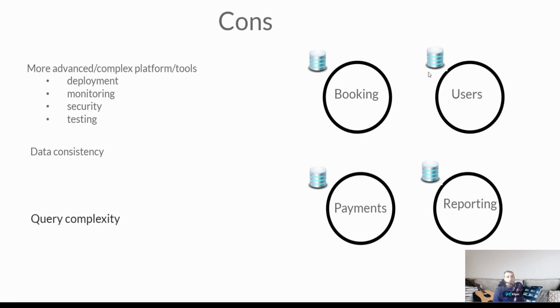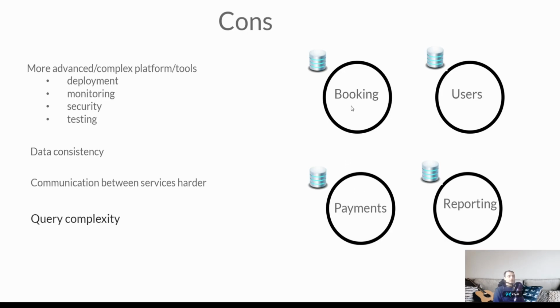It cannot go directly, by the way. Each service database is not accessible from other services. This reporting should go to user service, ask some data, go to booking, ask some data, go to payments, ask some data. So queries become more complex. We need to have different views of queries.